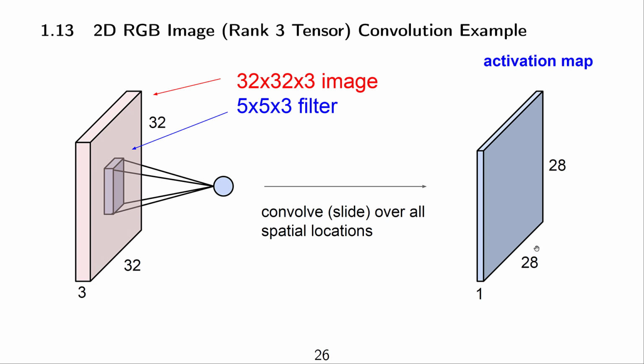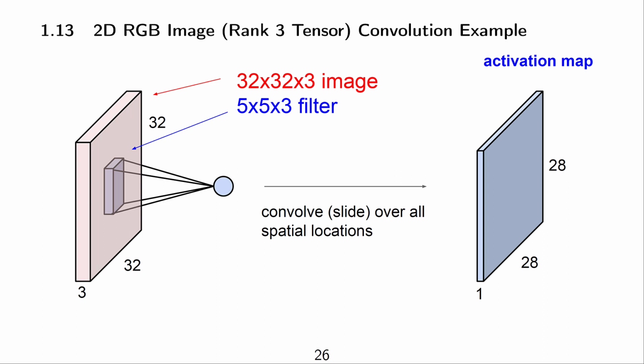You notice that the output resolution of 28 times 28 is indicative that valid padding, or no padding, was used. Therefore, the input tensor shrank in spatial resolution from 32 times 32 to 28 times 28.